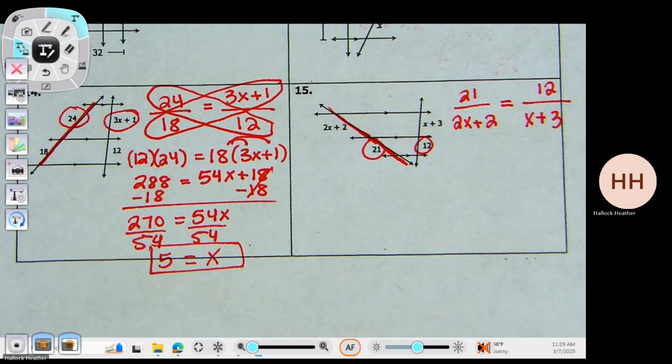Mm-hmm. Mm-hmm. Yep. That's correct. You have one on your knee too. Yeah. Oh, okay.